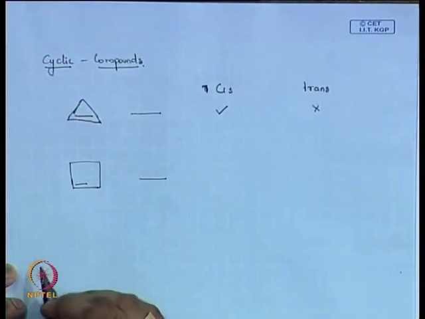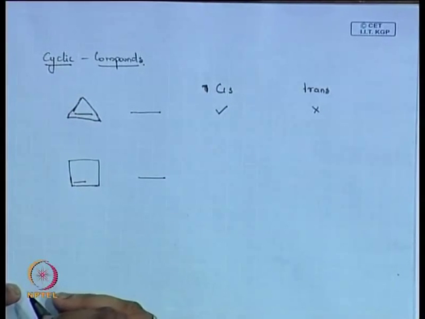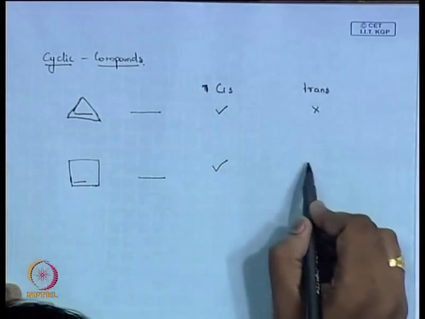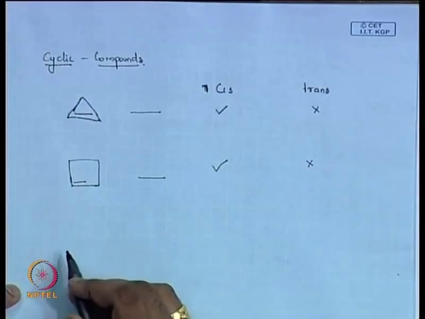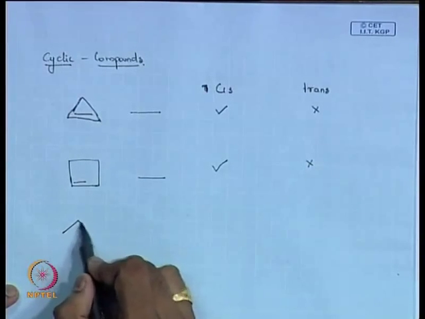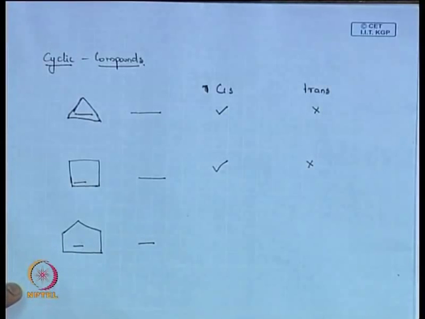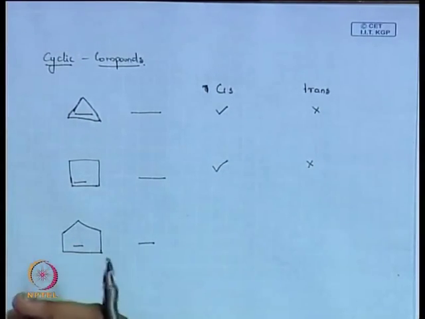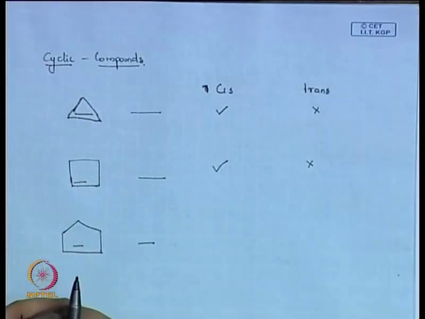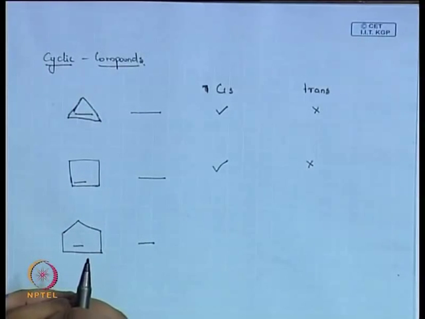Cyclobutane systems. Trans, no trans. Okay, very good. Cyclopentene. We are coming near to the borderline. No trans by photochemistry.